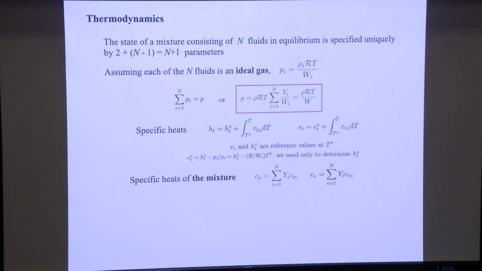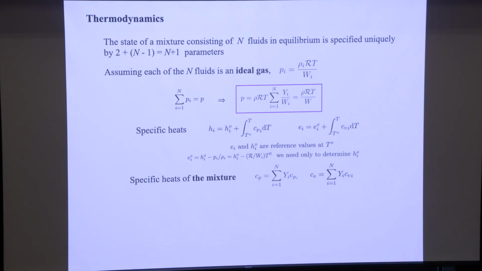The next thing is the internal energy Ei can be written as Ei naught plus the integral of CVi dT. And of course, the reference values of Hi and Ei are related, so really one has to focus only on one of them, which is Hi naught. Then we can talk of the specific heat of the mixture, which is again summing over all the species by the mass weight Yi.